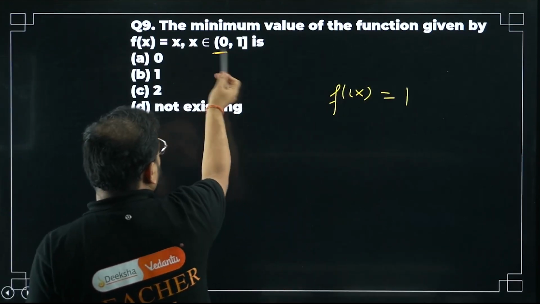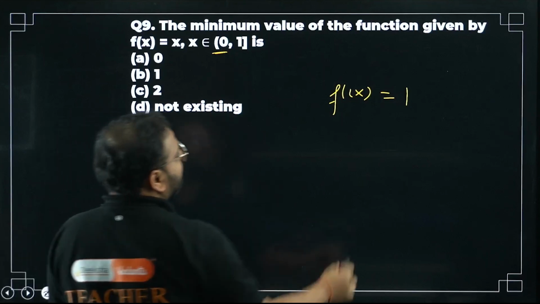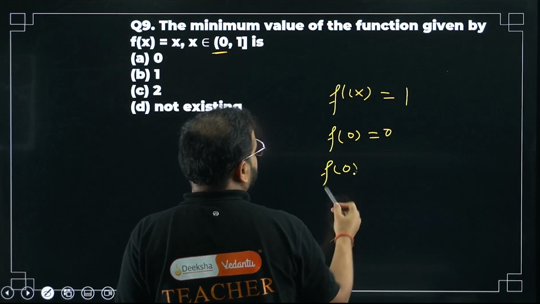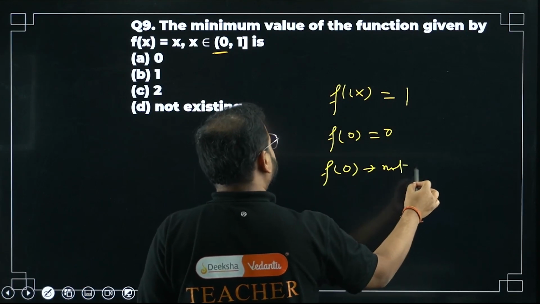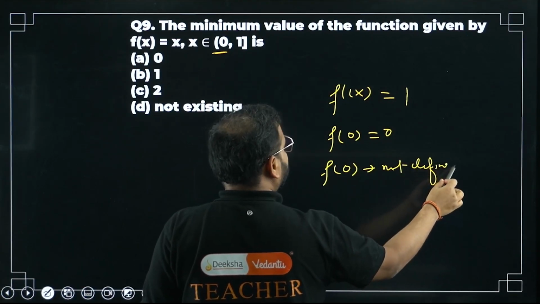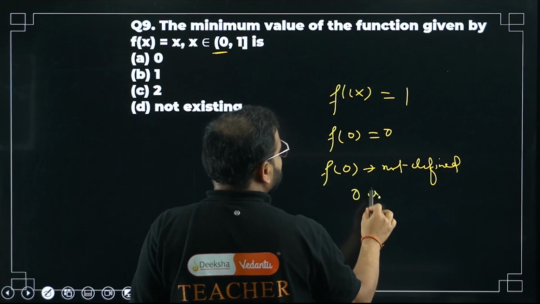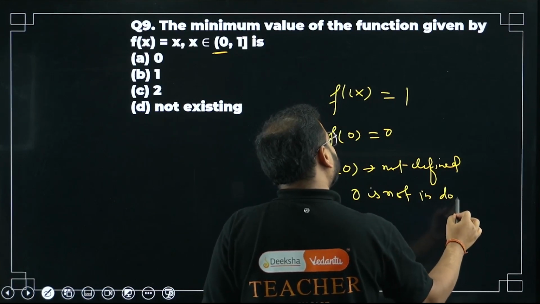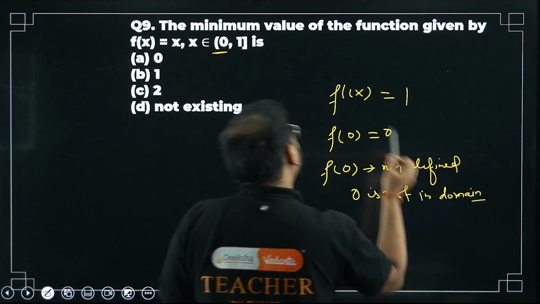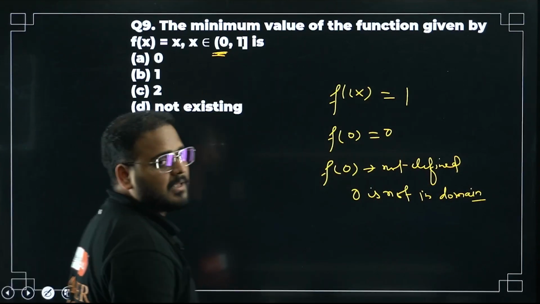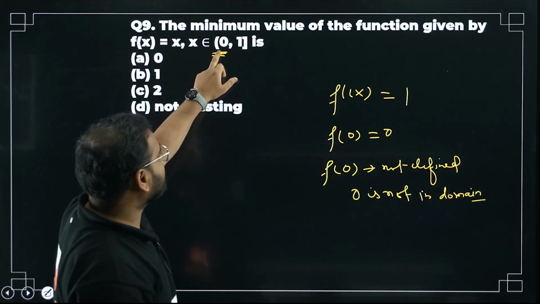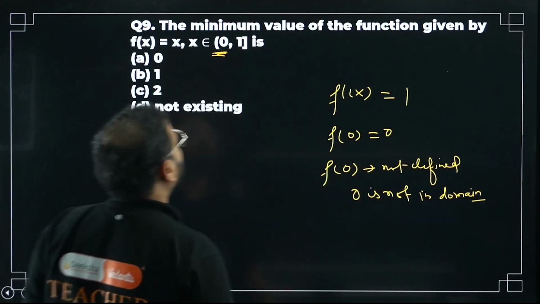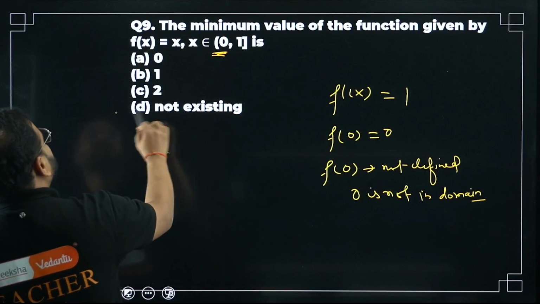So if you check for all the domain, f of 0 would be 0, but you can't put f of 0, right? It's not defined. 0 is not in the domain. See, 0 is open. So since 0 is open for the domain, you can't define f of 0. It means there is no minimum value, so it does not exist.